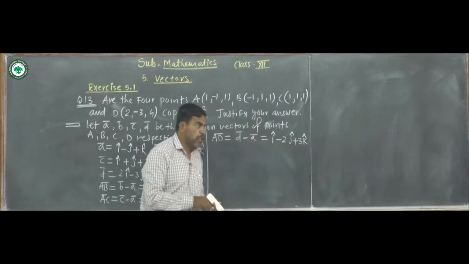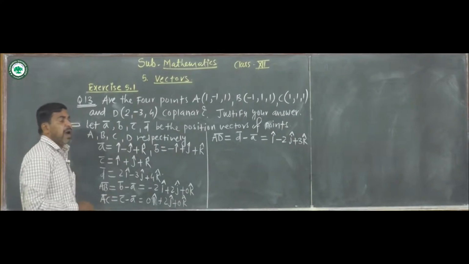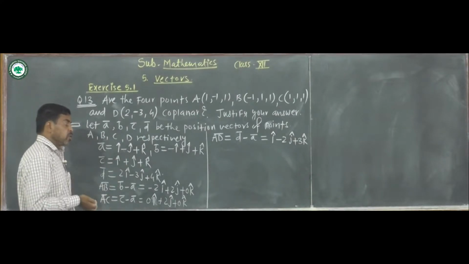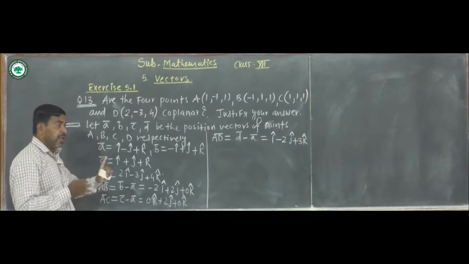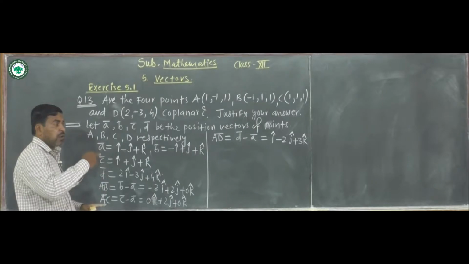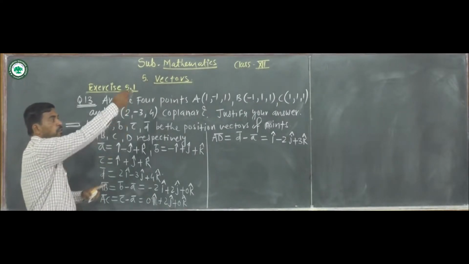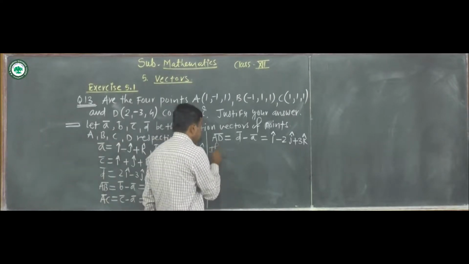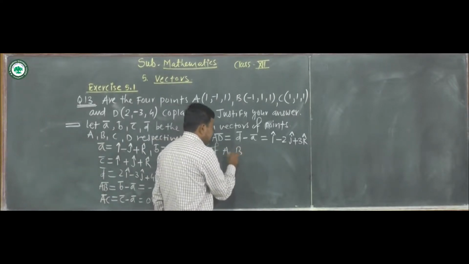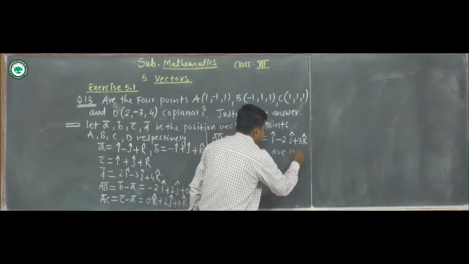Here we have to show that these 3 vectors AB bar, AC bar and AD bar are coplanar. So AB bar must be the linear combination of AC bar and AD bar. Then and only then these 3 vectors are coplanar, and once these 3 vectors are coplanar, the 4 points are coplanar.